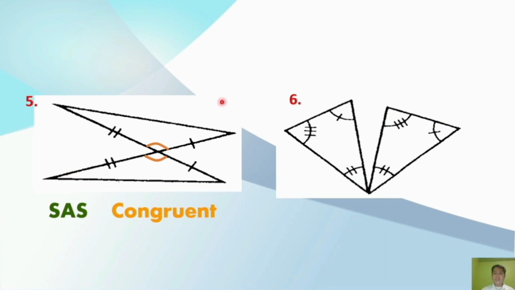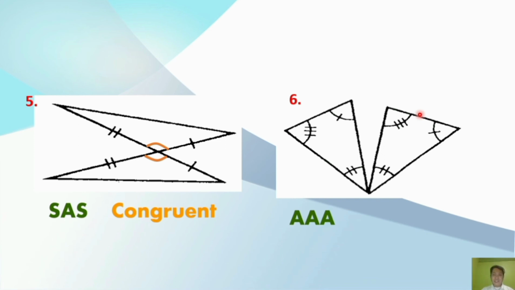How about in number 6? What are the pair of parts that are marked congruent? We have here angle, angle, angle, angle, angle, angle. So AAA.